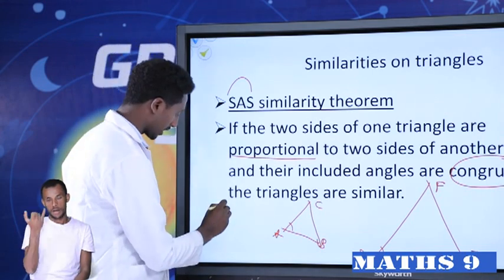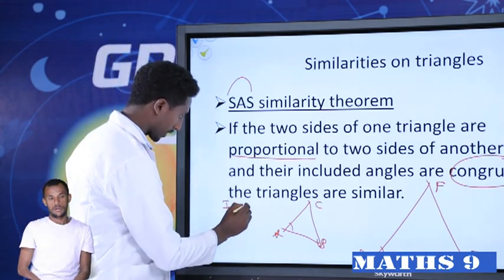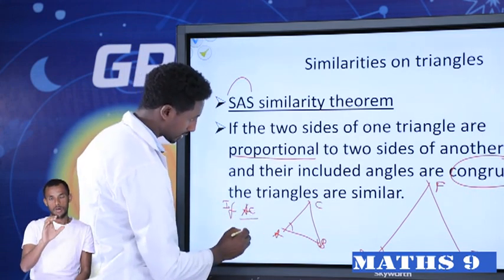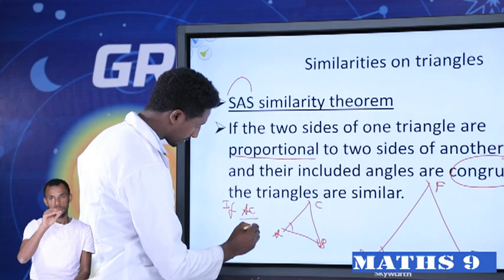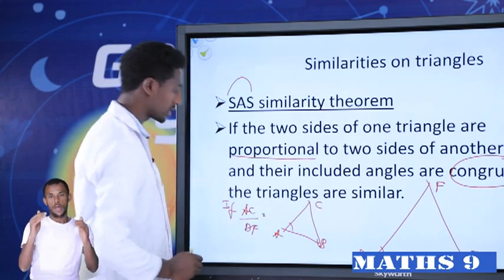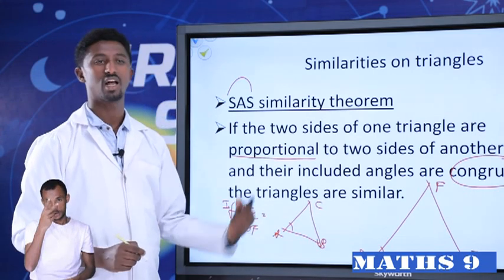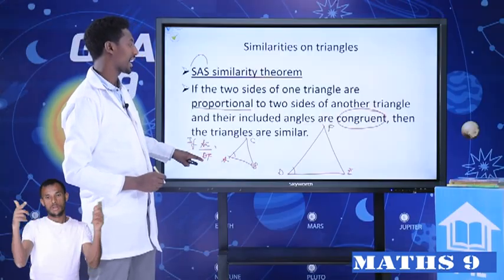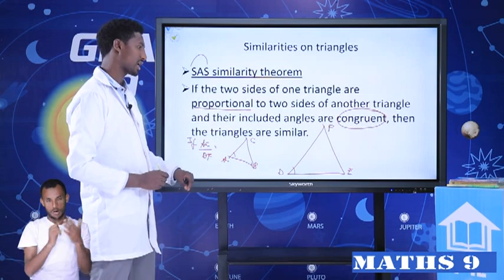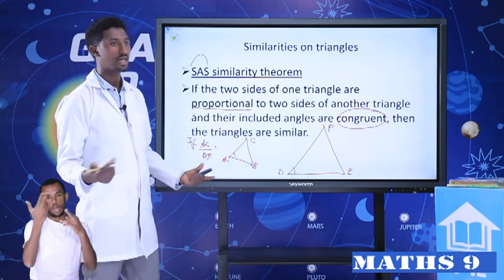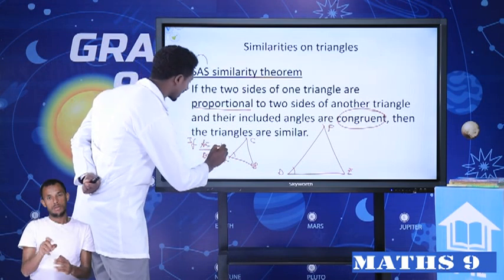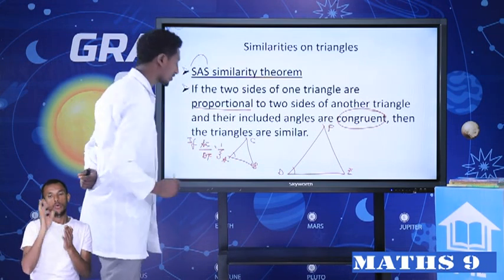And if AC over DF equals, since the second figure is the enlargement of the first one, DF is the larger one. So its ratio is necessarily less than 1. Let's say it is 1 over 3.